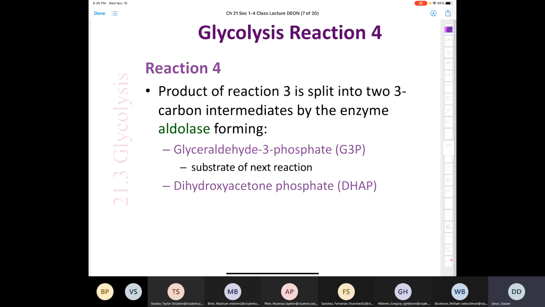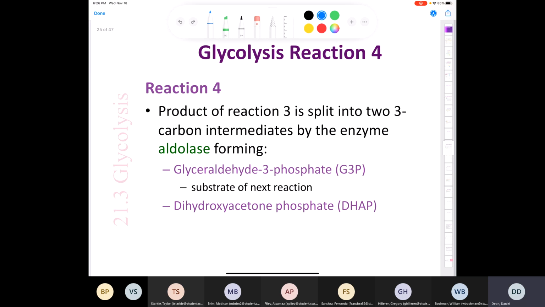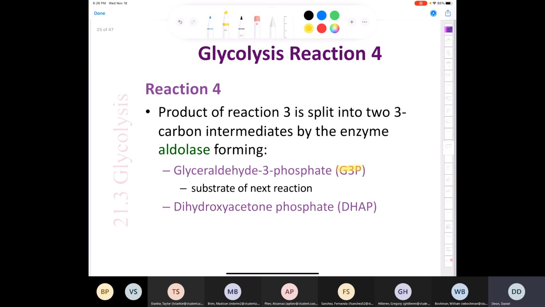It says here, reaction 4. This is one of the most interesting reactions in the whole pathway, in my opinion, because you end up with 2 different products. Okay, it says product of reaction 3, the fructose 1,6-bisphosphate is split into 2 3-carbon intermediates by the enzyme aldolase. And it forms 2 molecules, G3P, which is glyceraldehyde 3-phosphate. You guys know what glyceraldehyde is, right?